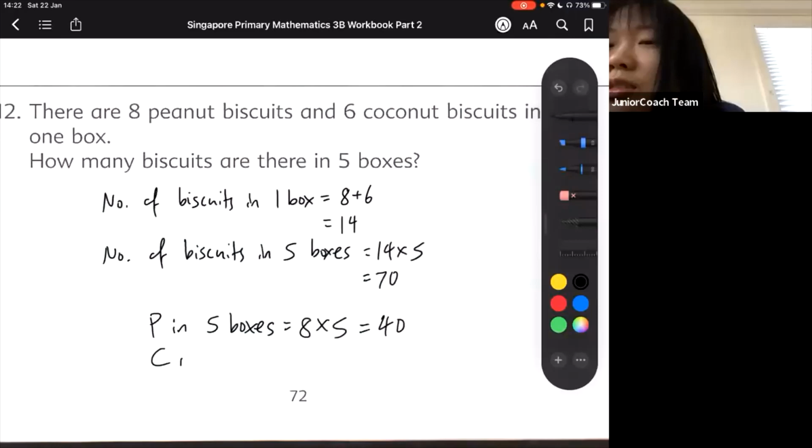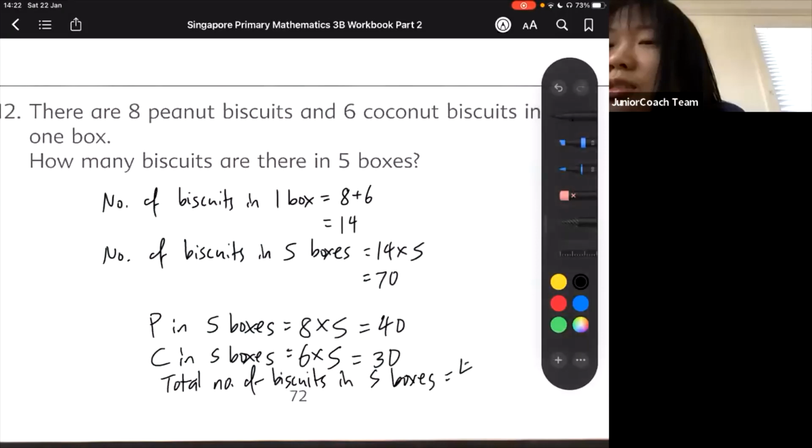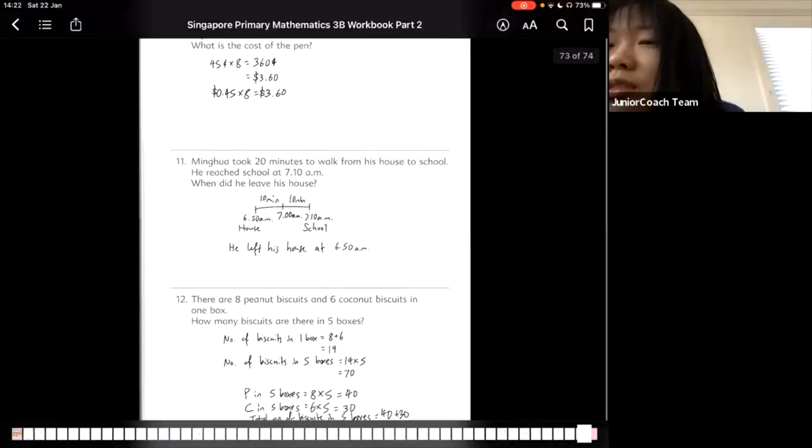And then C in 5 boxes, 6 times 5 equals 30. And we see that the total number of biscuits in 5 boxes is 40 plus 30, which gives us the same answer, 70. So you can do this either way. I don't really have a preference.